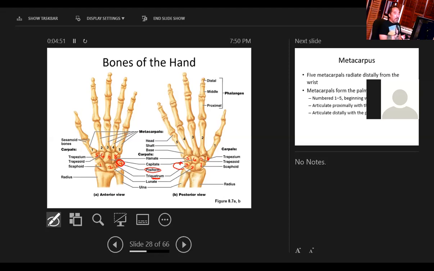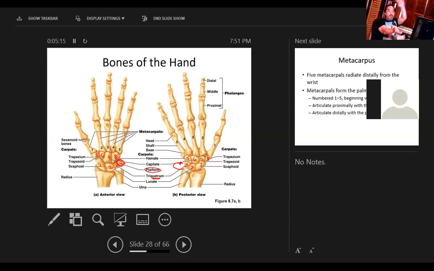So we're going to start identifying the bones. Anatomical position, palms facing forward. I'm going to start identifying from the thumb side, always the thumb side. I'm going to identify the first 4 bones on the thumb side, on the proximal end.